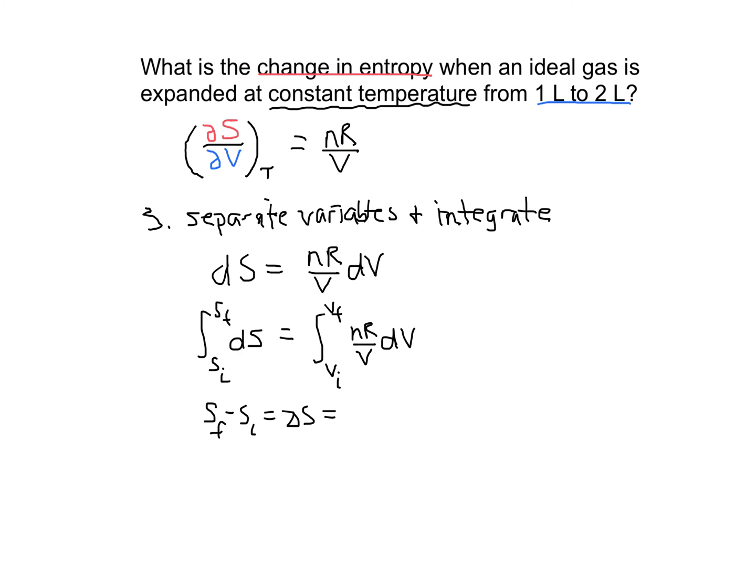That's equal to the integral of nR over V dV, and n and R are constant, so they come out of the integral. The integral of dV over V is the natural log of the volume, and when I evaluate that from my initial volume to my final volume, I get nR times the natural log of V final over V initial.